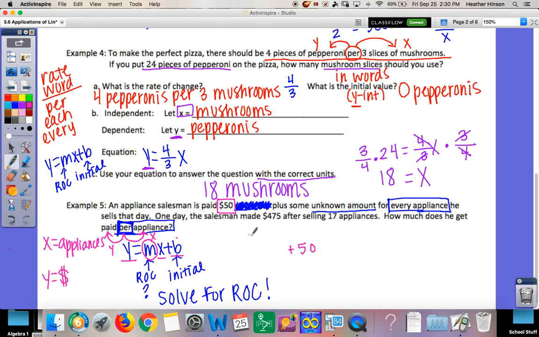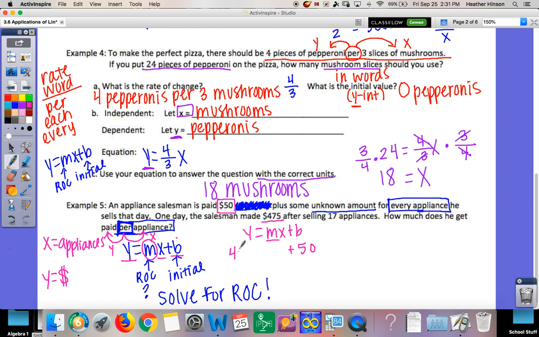So we want to plug in to y equals mx plus b to solve for m. So where does it give us more money? We already know he gets $50 for going to work, but what else could we plug into y? Where is there another money? Well, it says on one day he made $475.